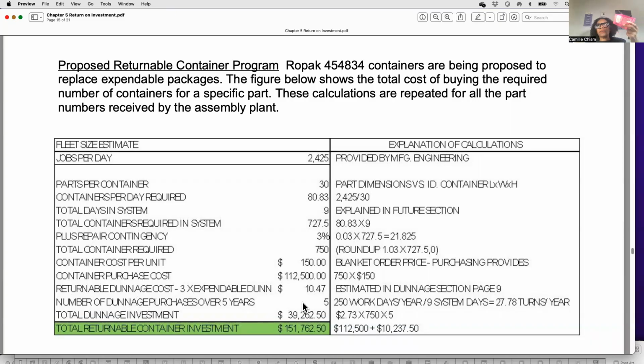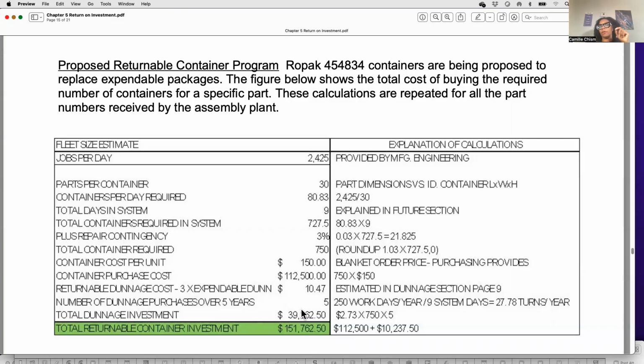But let's say the current pack is using a corrugated box with corrugated dunnage in it. Now they're saying, let's replace that expendable box with a returnable bin, and we're going to put returnable dunnage in there. So returnable dunnage that goes in here is $10.47. And they made a note that the cost of this is 3 times the cost of the expendable dunnage.